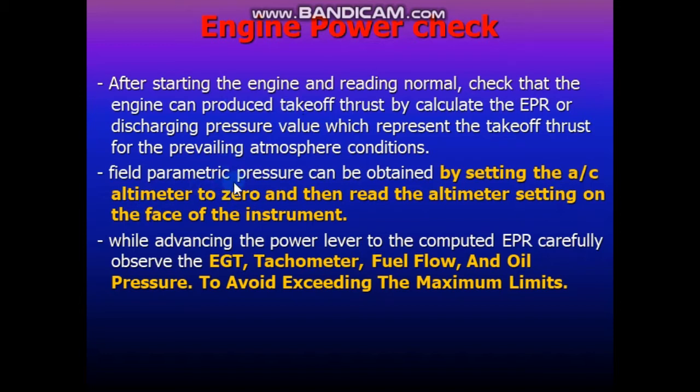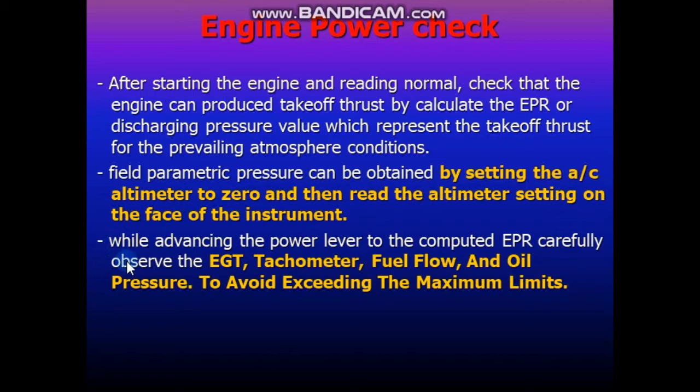After that, the field barometric pressure can be obtained by setting the aircraft altimeter to 0 and then reading the altimeter setting on the face of the instrument. If we need the field barometric pressure, you go to the altimeter and set it to the 0 position. After that, you will see the reading of the altimeter in the instrument.